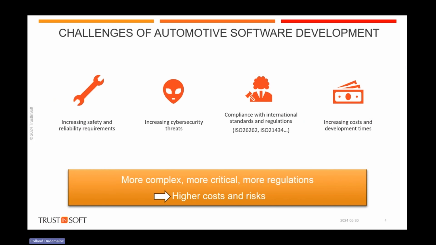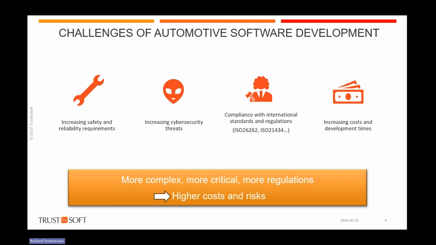Focusing a little bit more on automotive. Automotive is an evolving landscape in terms of software. What we see, and what's actually very well known, is that there are more and more safety and reliability requirements. This is not a new game in automotive.